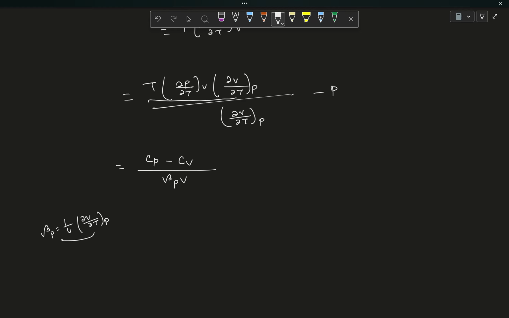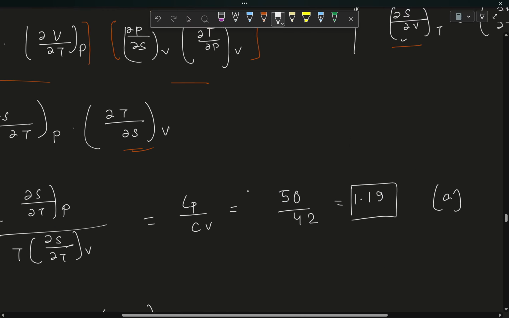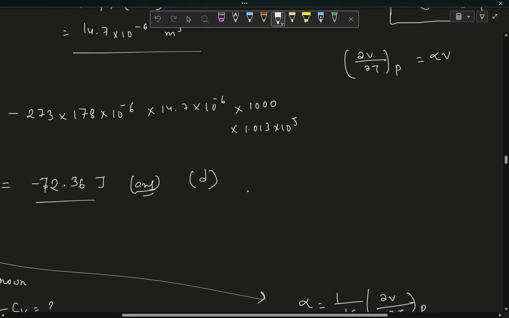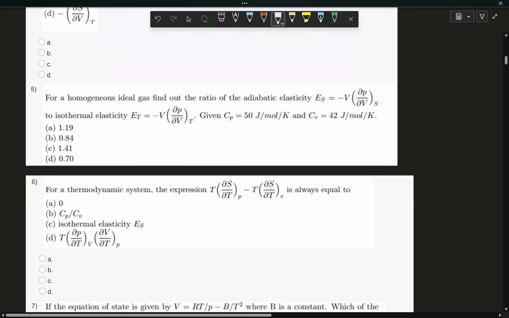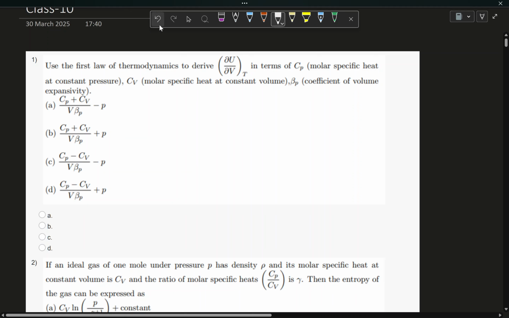So del V del T at P constant is simply beta P times V, minus P. So this is the answer you will be getting, Cp minus Cv by beta P V, minus P. I think this matches with your option number C here. So we are getting option number C as our correct answer.